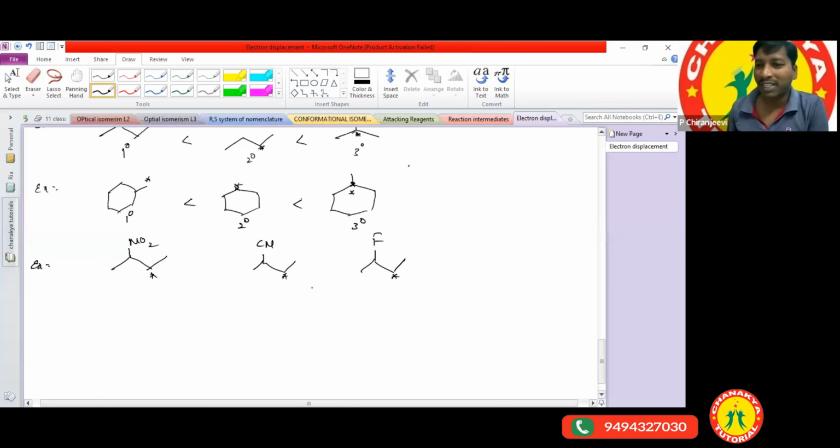We'll solve these JEE type of questions. If you understand, it is good for you only. Which one is the more stable one? Stability order. Which one is more stable?